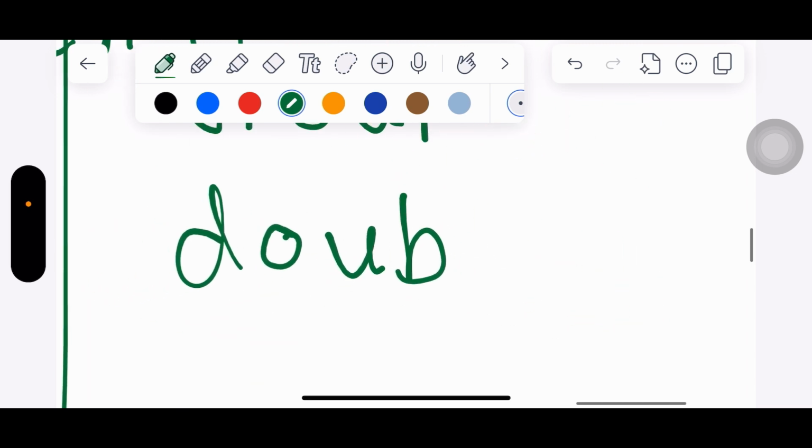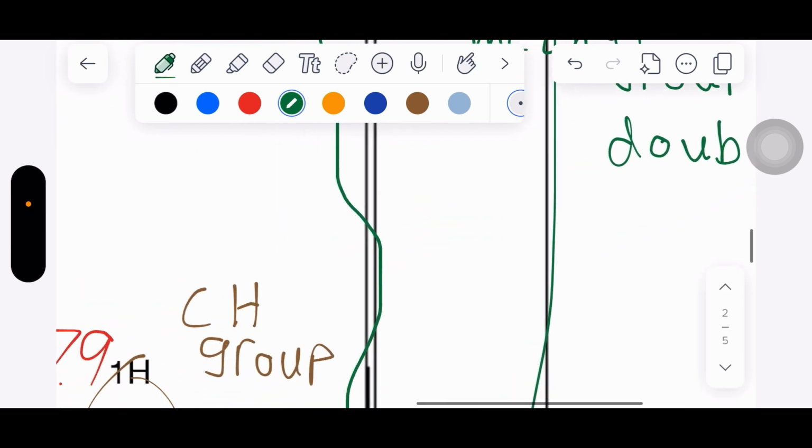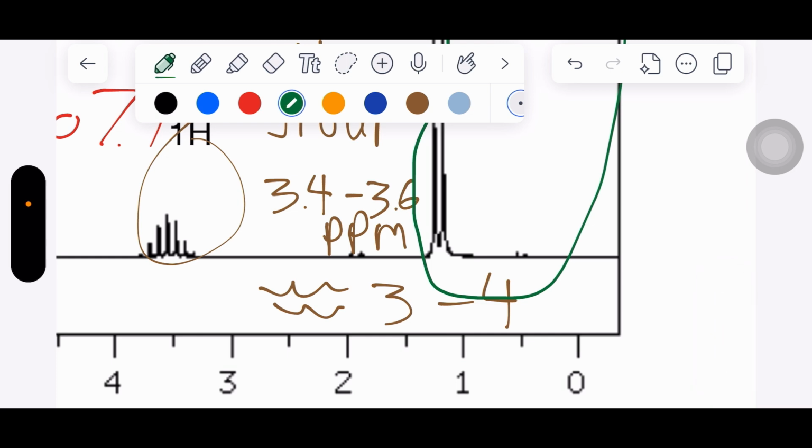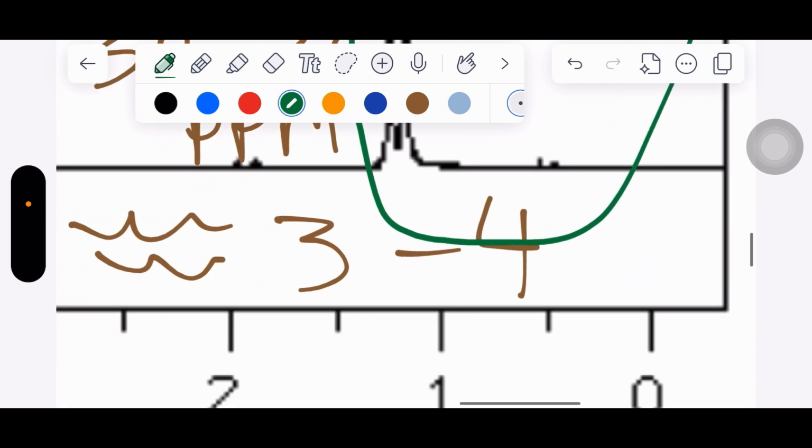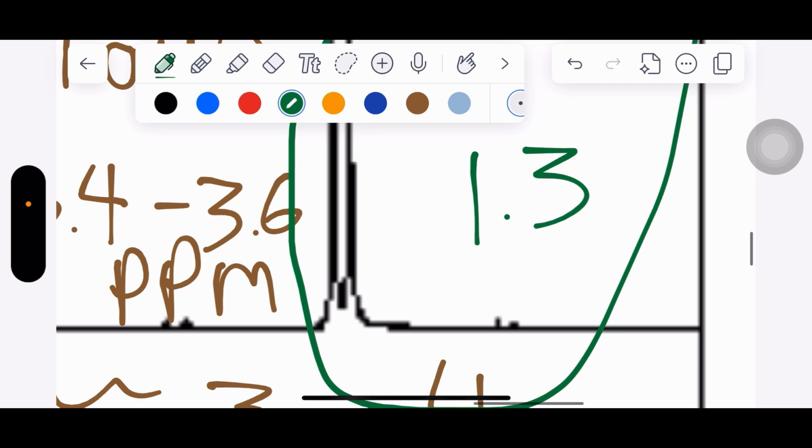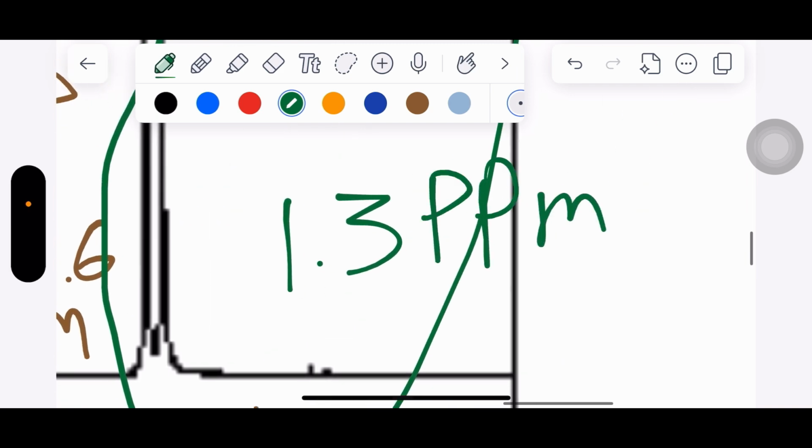It's a bit difficult, but it's not that difficult. I know it's not at 1.5 and it's not at 1. I want to say here it's around 1.2 to 1.3. I'm going to stick to 1.3 parts per million. Its integration is 6 protons, and the doublet results from splitting by the adjacent methine proton.